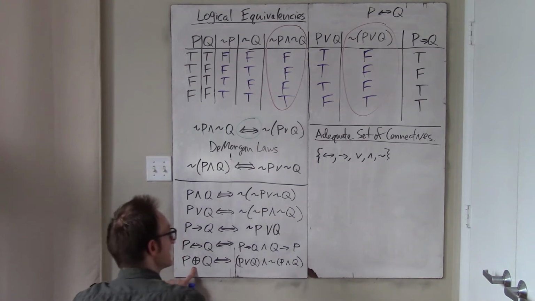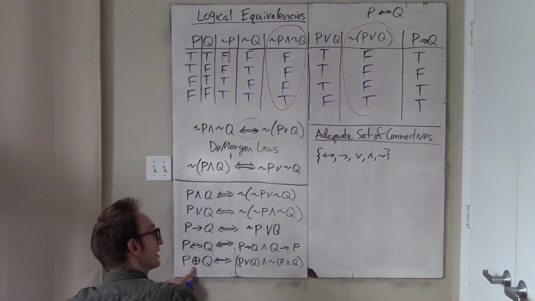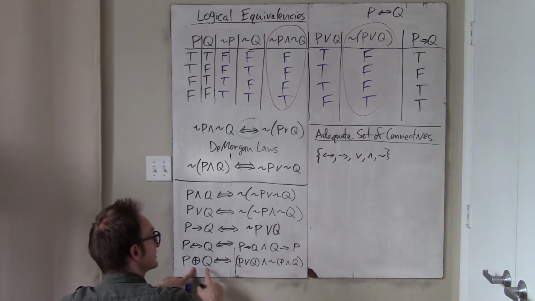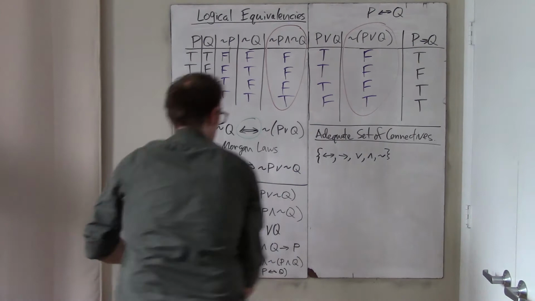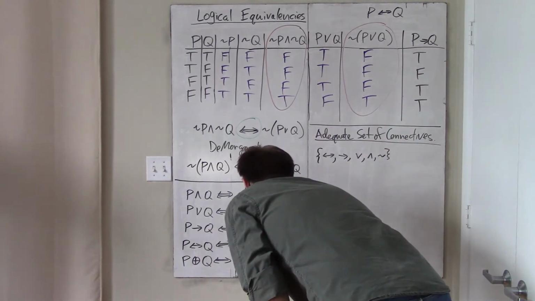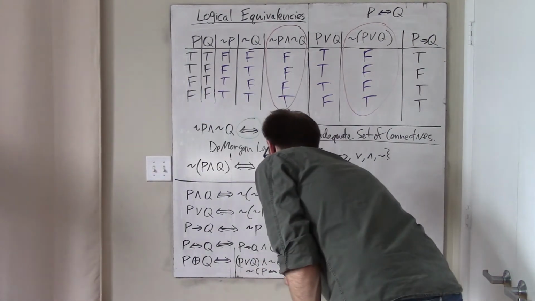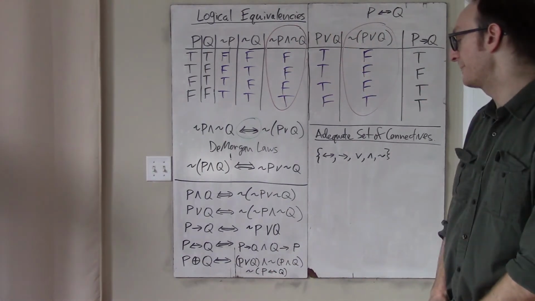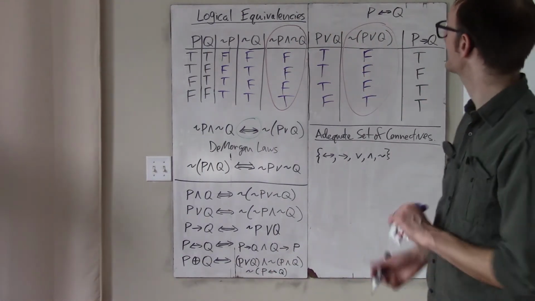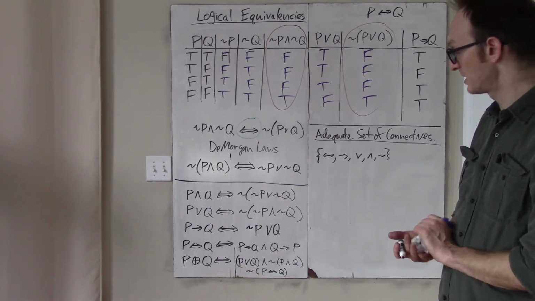Another way of thinking of P exclusive or Q is as the negation of P if and only if Q. Because P exclusive or Q is basically saying that P and Q have different truth values, but P if and only if Q is saying that P and Q have the same truth values.